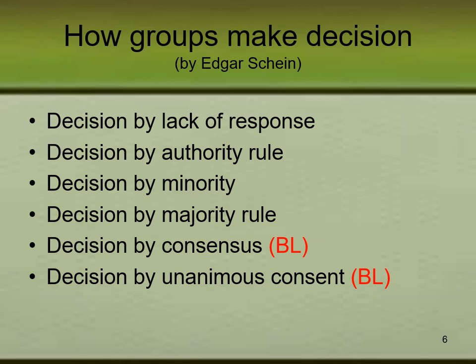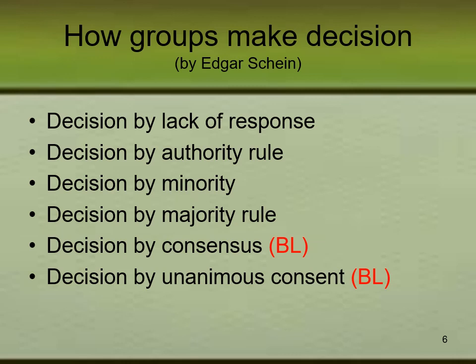Okay, then the next one is decision by majority rule. Maybe you understand this clearly. This decision making method uses voting or polling as the basis for deciding, and is commonly practiced by most legislative groups around the world.